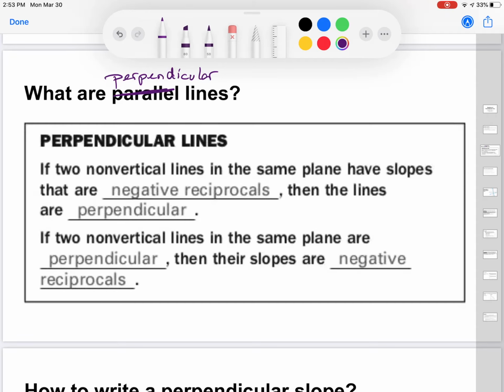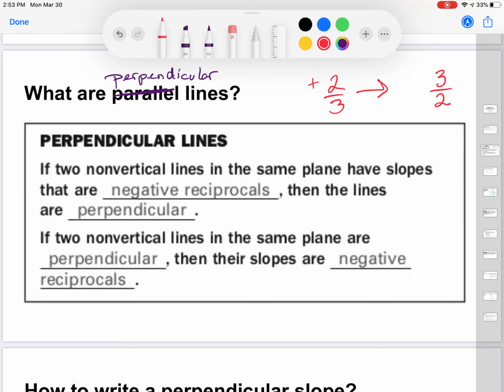But that just means that if I have a slope like 2/3, well, the opposite reciprocal for that is just flip it over and change the sign. So if I had a slope of, say, 2/3, then I would simply flip that over, which means take the bottom number and put it on top, and take the top number 2 and put it on the bottom.